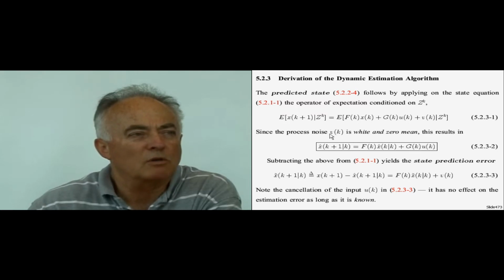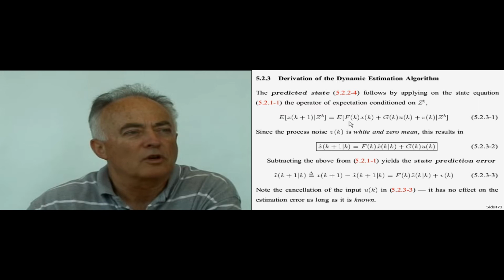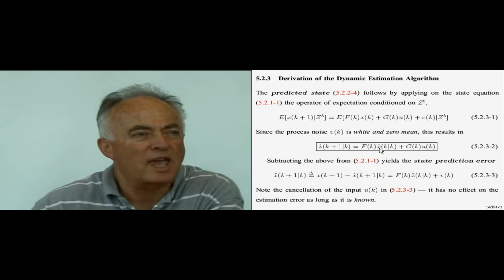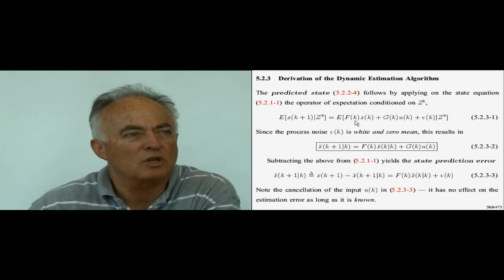We'll use now the whiteness and zero mean property of the process noise. The fk being deterministic, expectation passes after the f, so it will be an fk x hat kk, because E of xk given z super k is x hat kk.